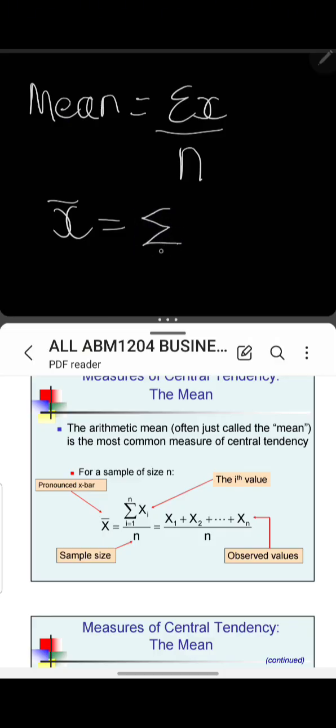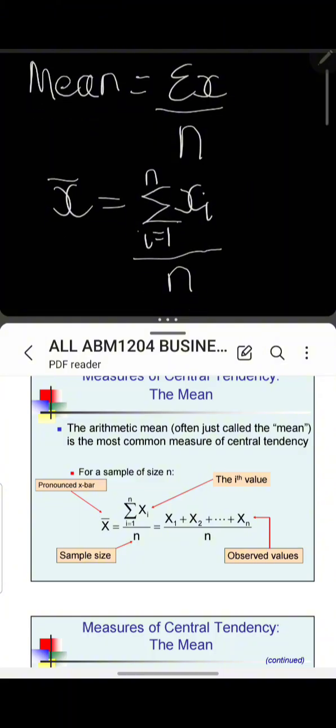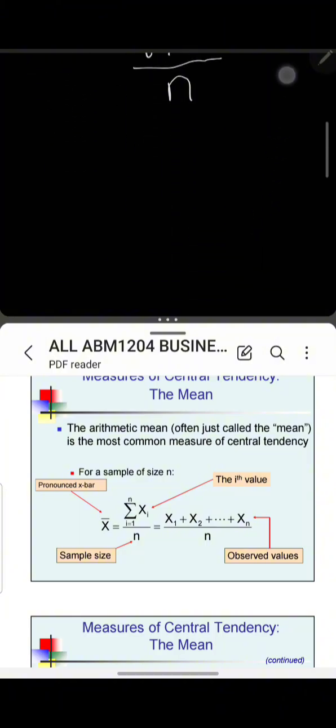This symbol means summation from i equals 1, the first item, to the nth item, which is the last item, divided by n, which is the number of items. These two are the same. It means the items from the first to the last, divided by the number of items. So that is the mean.